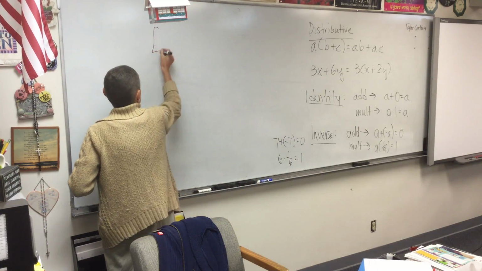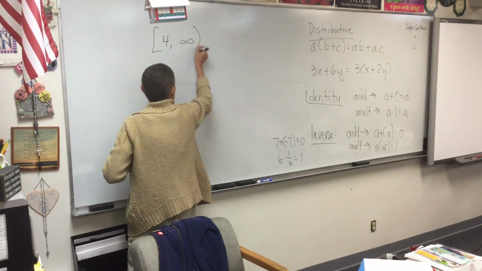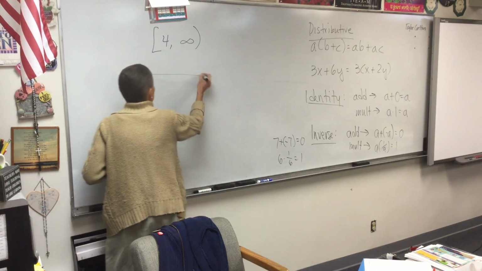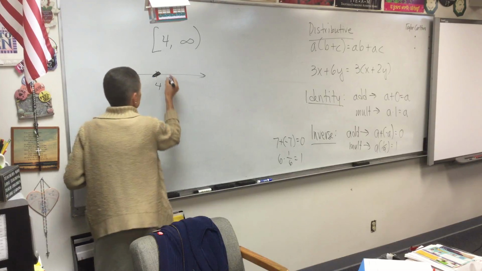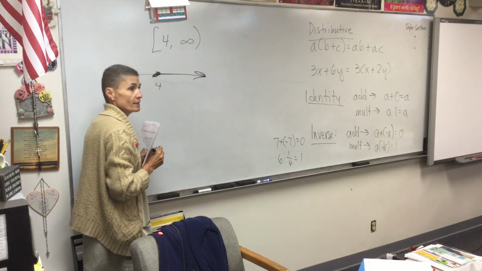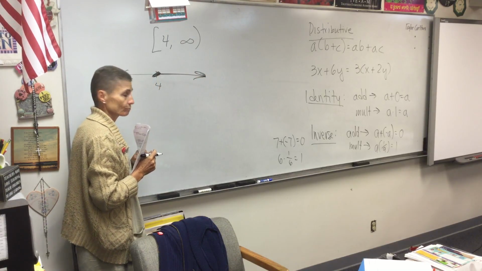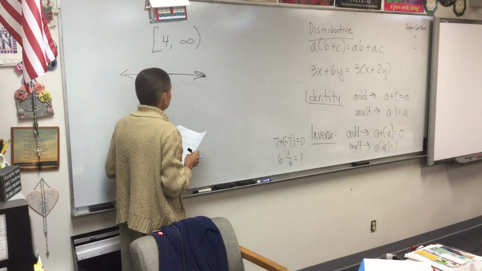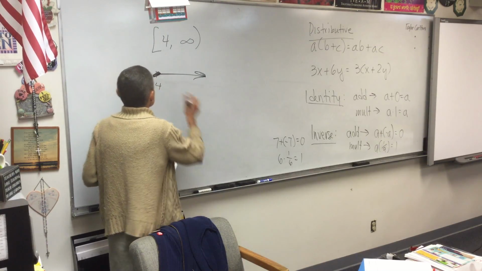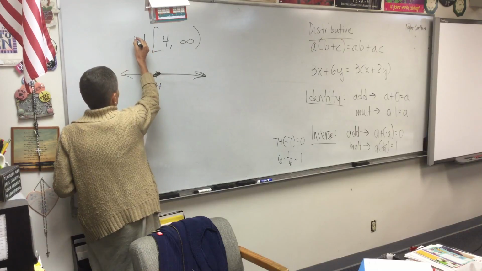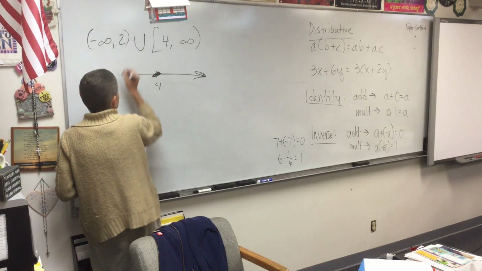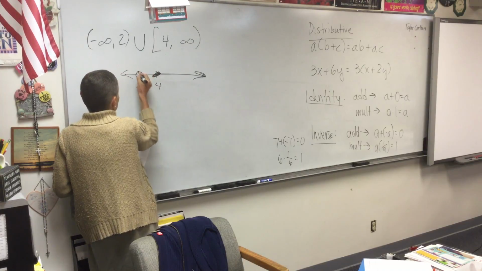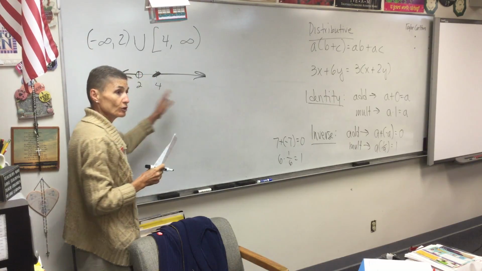So if you had the interval like this, that would mean a closed dot at 4 and then shading everything to the right. And those a lot of times will be part of a problem where you have a union and maybe something else over here. So you would have maybe both of those together.